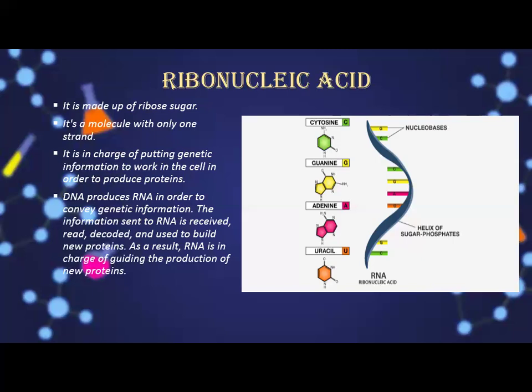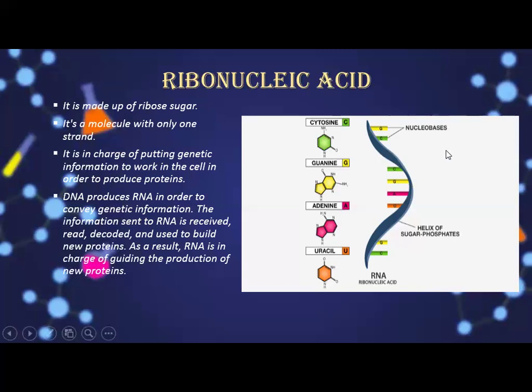It forms RNA, and this RNA is used as a transporter to transport the information throughout the body cell. The information sent to RNA is received, then read out and decoded by the body, and then used to build the new protein. As a result, RNA is in charge of guiding the production of new proteins.